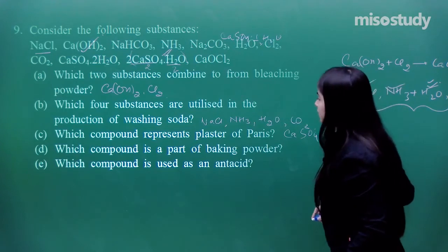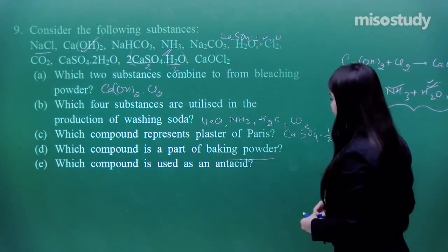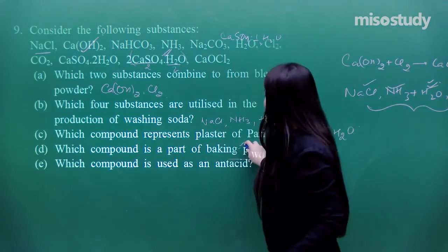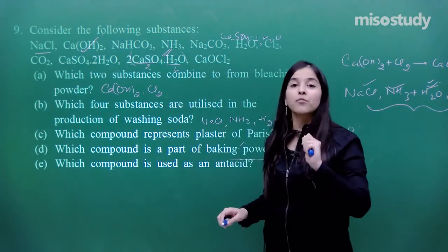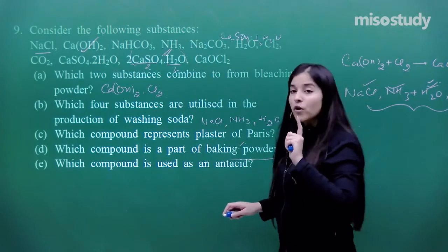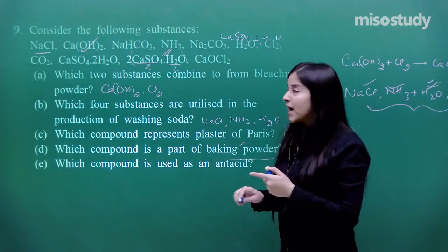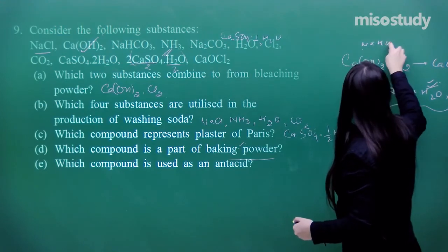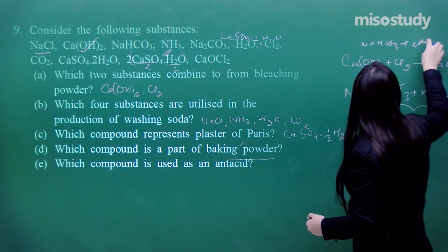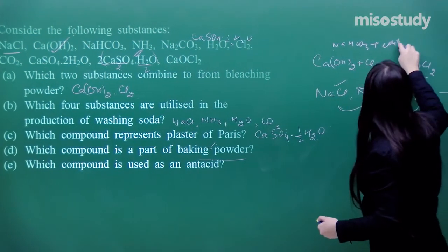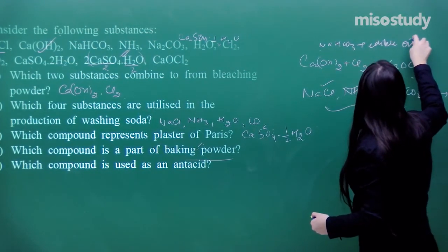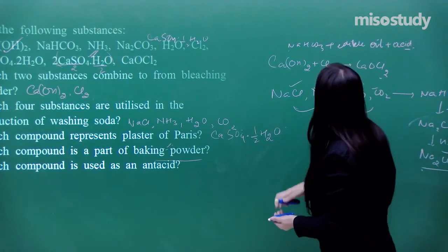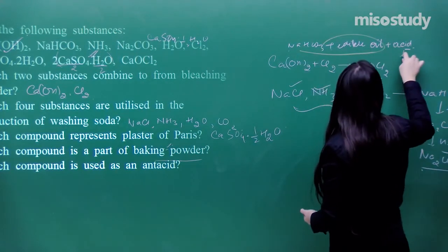Now which compound is a part of baking powder? So I just told you, baking powder it is. They are not asking about baking soda, but baking powder. So baking powder is what? Whenever we have the baking soda, yes, NaHCO3, plus edible oil, plus some acid when we add, yes, then only we get the baking powder.